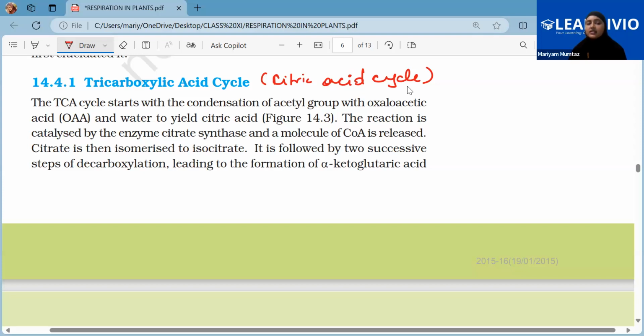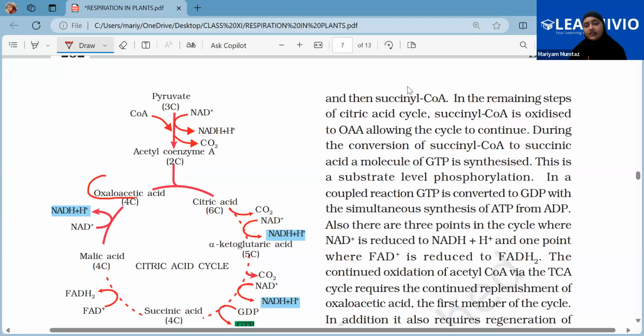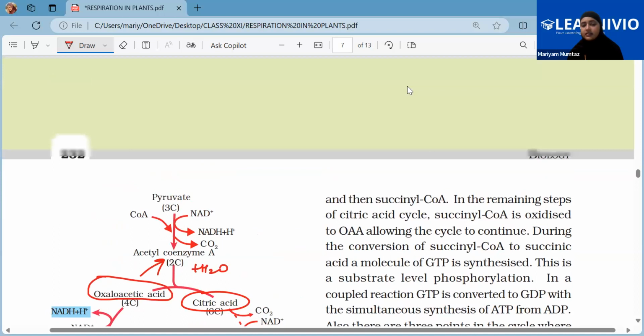Now, the tricarboxylic acid cycle starts with the condensation of acetyl group with oxaloacetic acid and water to yield citric acid. If you look at this diagram, this oxaloacetic acid combines with the acetyl coenzyme A and water to form citric acid. Clear? This is the first step.